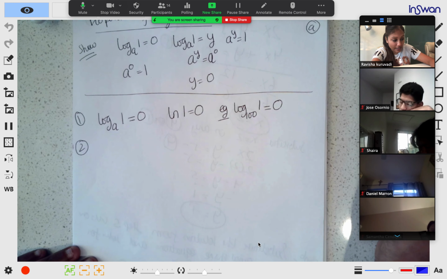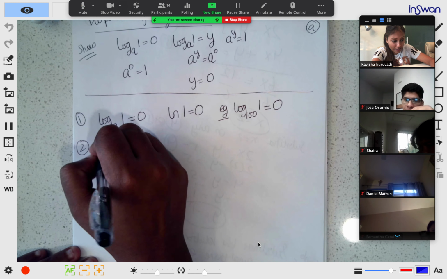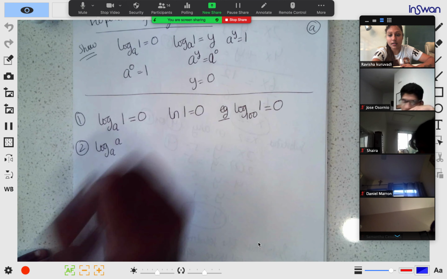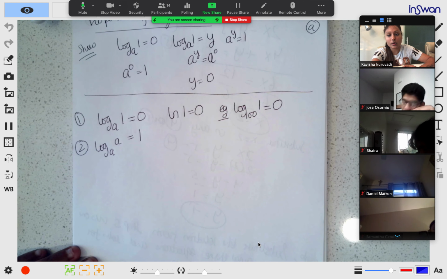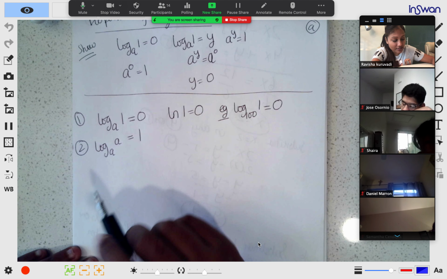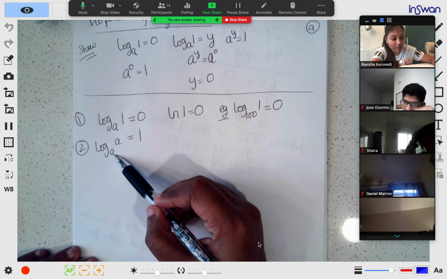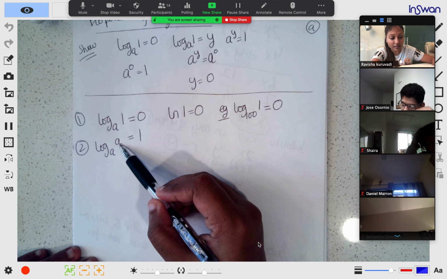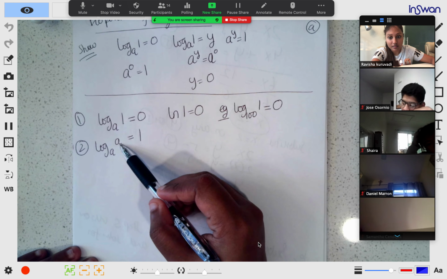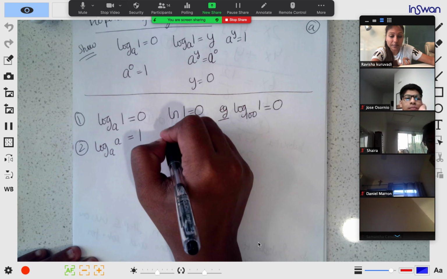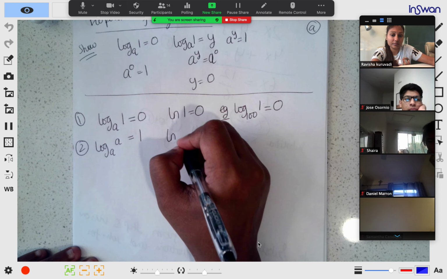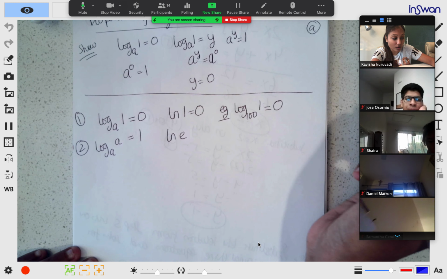Second property: if you have log a a, it is always equal to 1. So if my base and my number here are the same thing, it is equal to 1. Similarly, ln e is also 1.